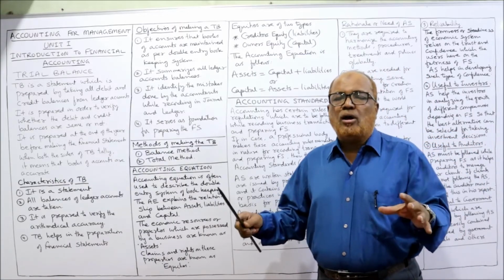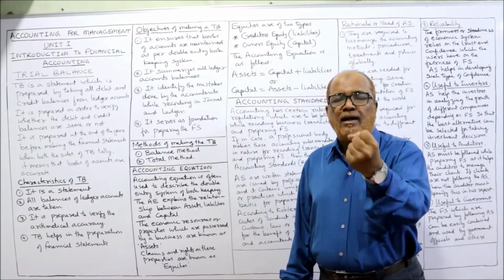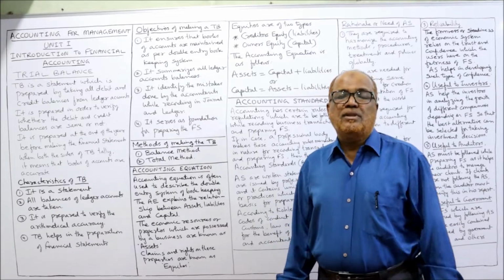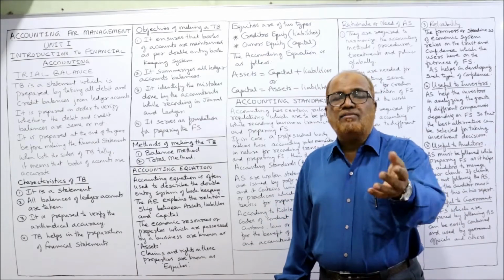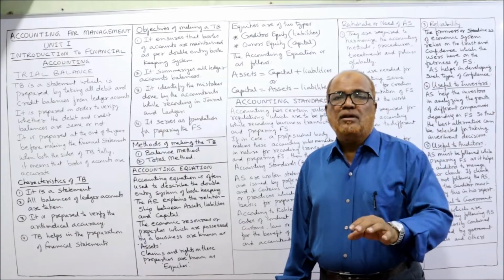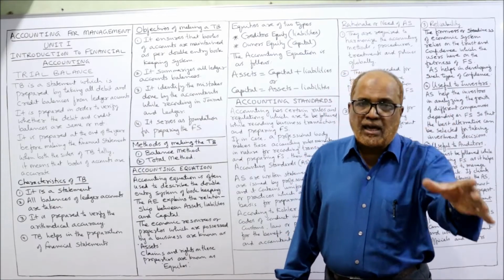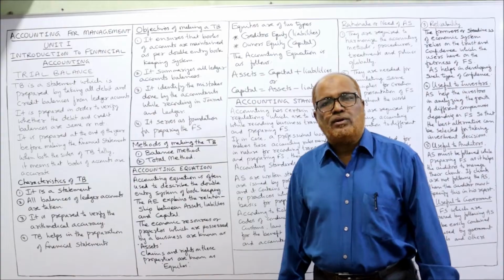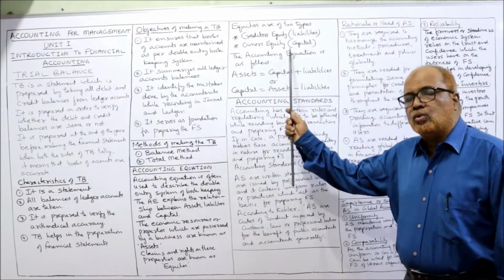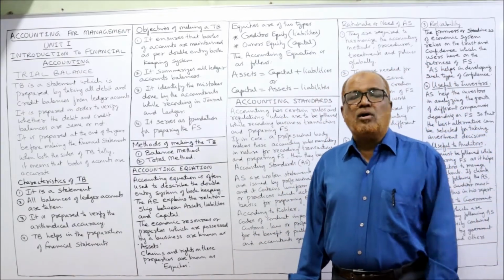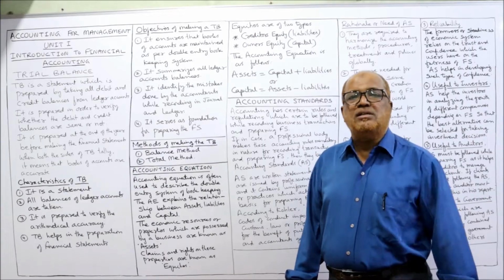Whatever assets or economic resources are held by the business, they are assets. And these assets have claims or rights. The claims or rights against these assets are known as equity. And equity is classified into two categories: outsiders or creditors equity and owners equity.